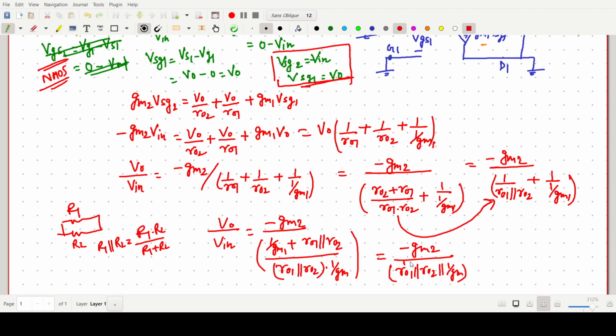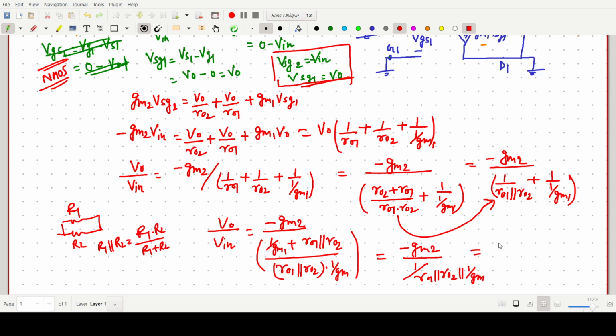Once again I will write: this one Gm2, and this should be 1 by, because R1 into R2 by R1 plus R2, so it should be 1 by R naught 1 parallel with R naught 2 parallel with 1 by Gm.